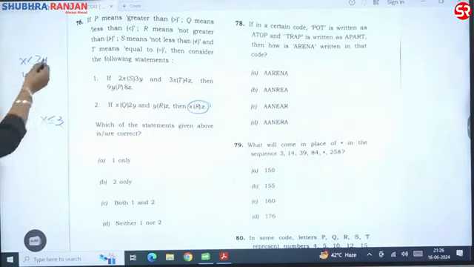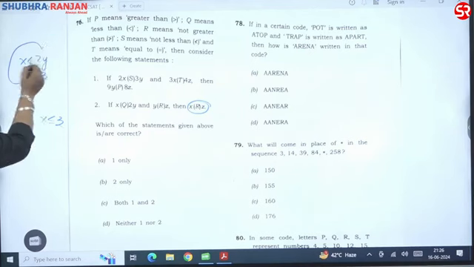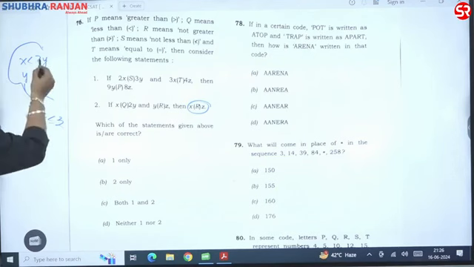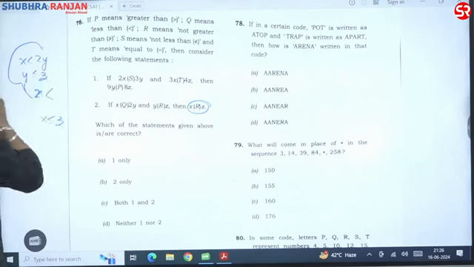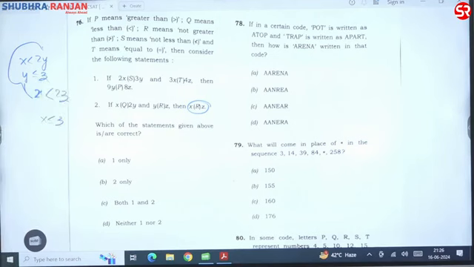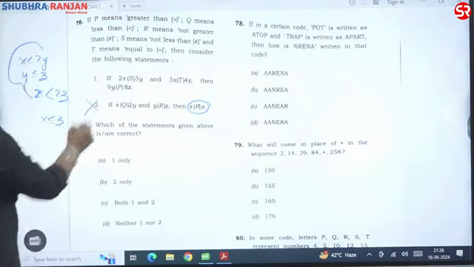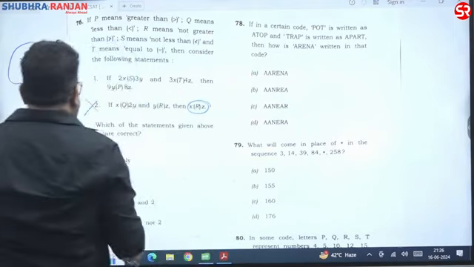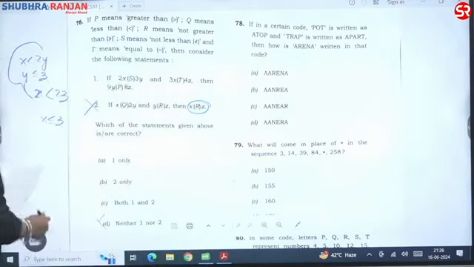So obviously you would put this over here: x is less than 2y, and y, if you put it over here, the equal to sign will also go, isn't it? So it is 2z, so x is less than 2z. We don't know the relationship between x and z. We know the relationship between x and 2z, right? So it is not giving you the answer. So neither 1 nor 2 is your answer.